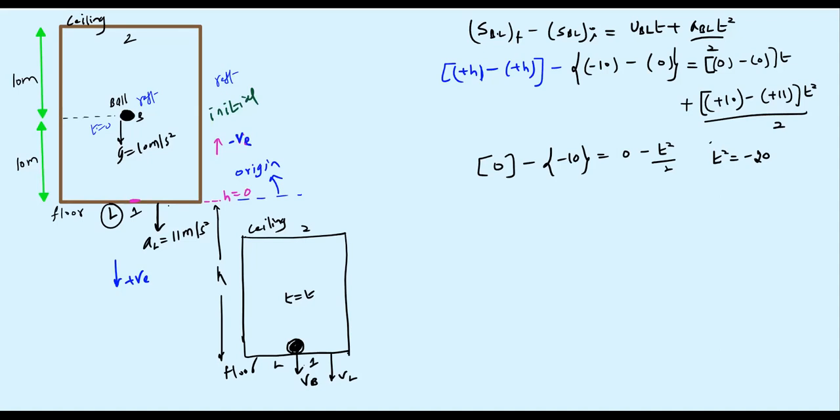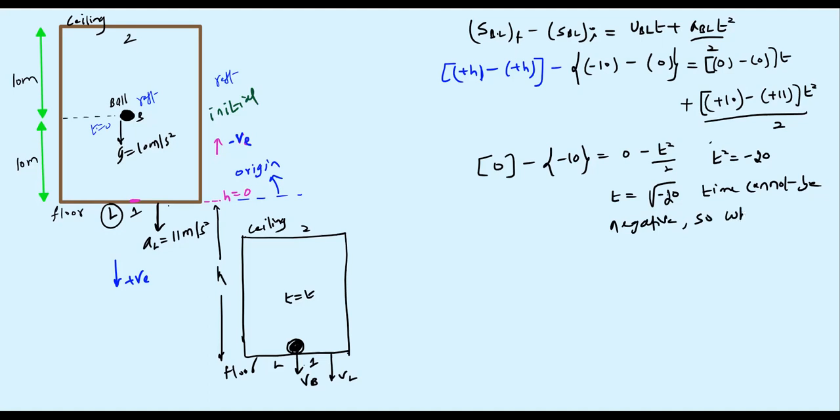What does it mean? t is equal to root of minus 20. So what we did is not possible. Time cannot be negative.